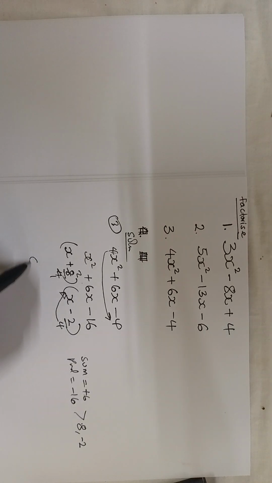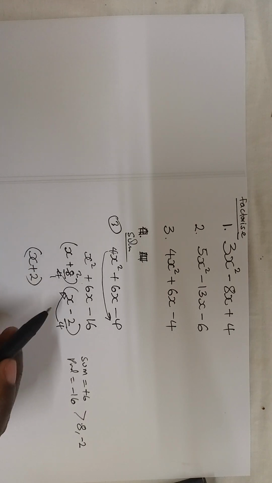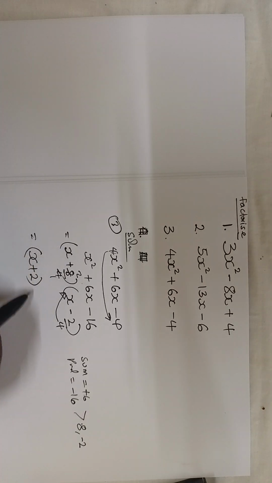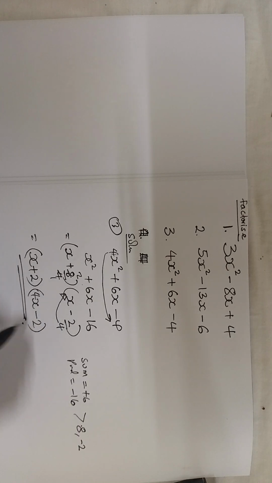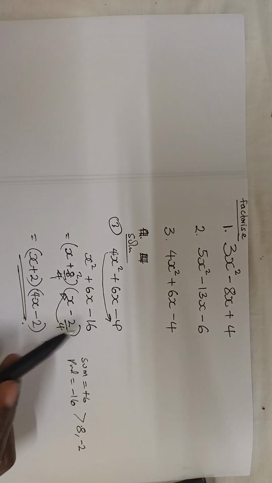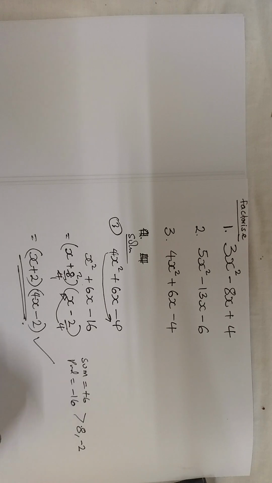So now the final answer becomes x plus 2, and then 4x minus 2. And now these are the factors. I've now factorized this, and this becomes the answer.